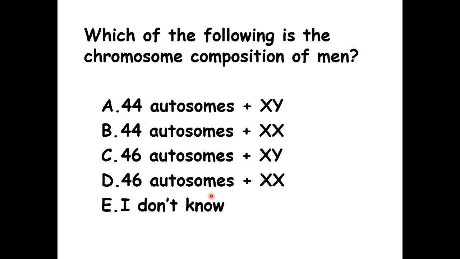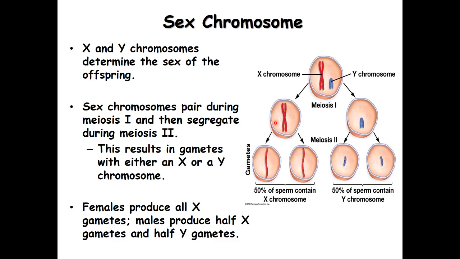Good, everyone. So you have the first 22 pairs, and then the last pair is X and Y. We're going to go increasingly difficult, so don't get too happy yet.